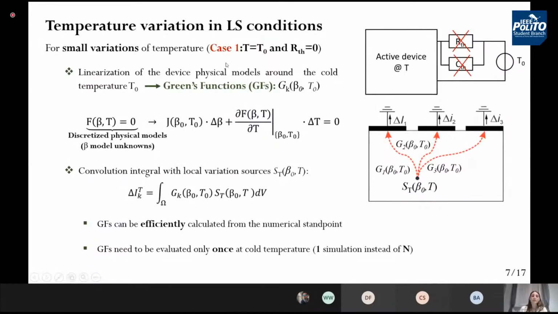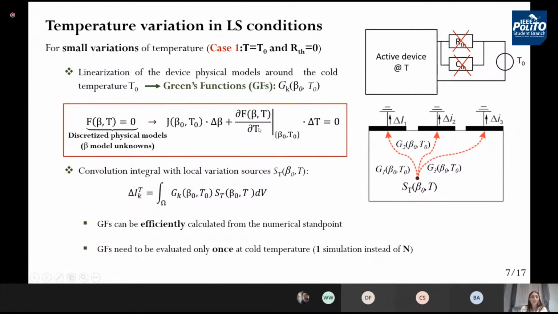So we consider the device physical models and we linearize them around the cold temperature in order to find the Green's function. This is the expression of the linearization where we can identify the local source term, which is the product between the derivative of the device physical model with respect to temperature and the delta, the temperature variation.